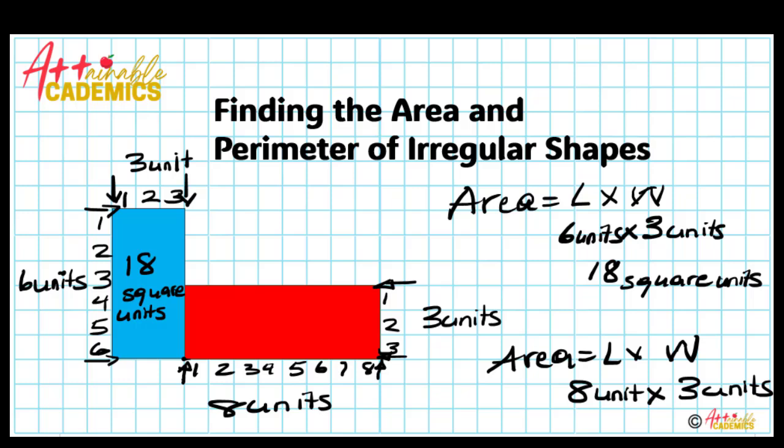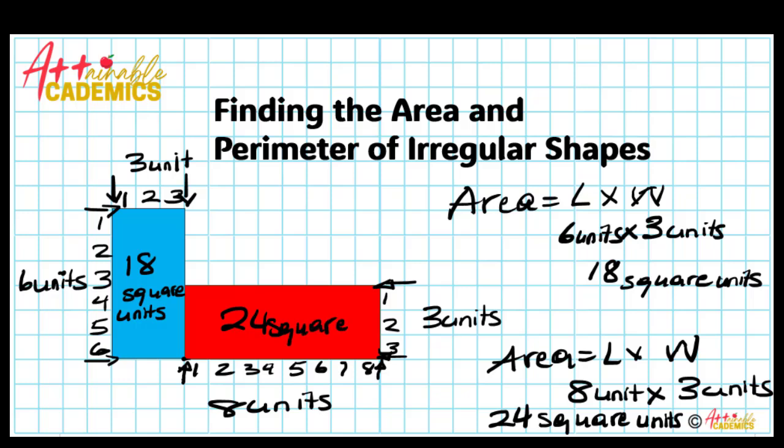Let's do it. So 8 times 3 is 24 square units. Are we done? No, we're not done. We've got to do more. So we have 24 square units here for the red rectangle.